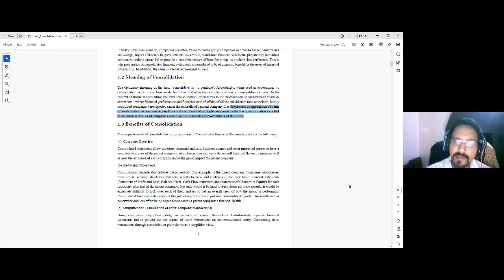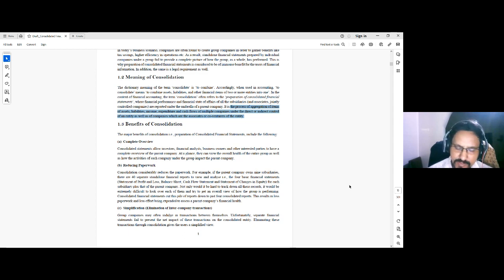There are other concepts like associate company and joint venture where also this consolidation will be required. Not even that, under Ind AS, when a company acquires the other company and merges itself, the first balance sheet, the first financial statement that it prepares, that is also called consolidation.